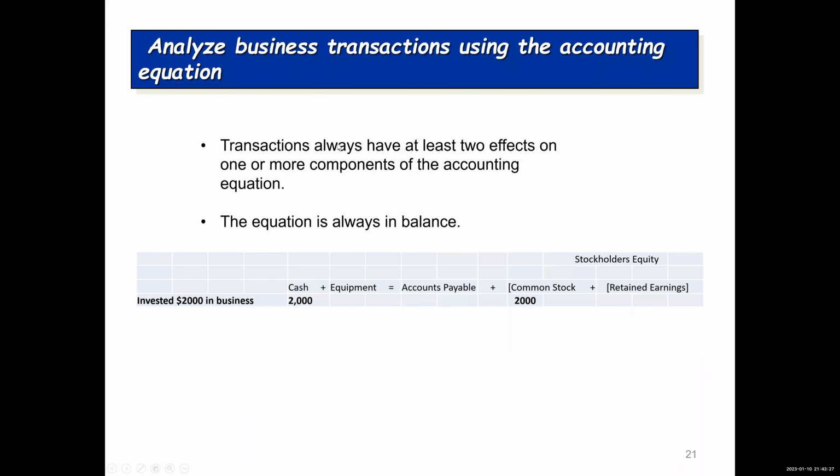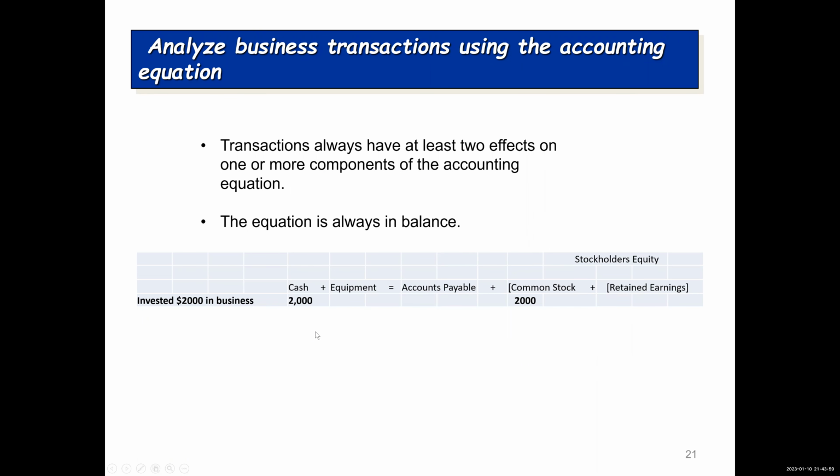One thing to keep in mind when we enter a transaction: there has to be at least two effects on one or more components of the accounting equation, and the accounting equation is always in balance. Consider this: the owner invested $2,000 in the business. If the owner put in $2,000, does cash go up or down?